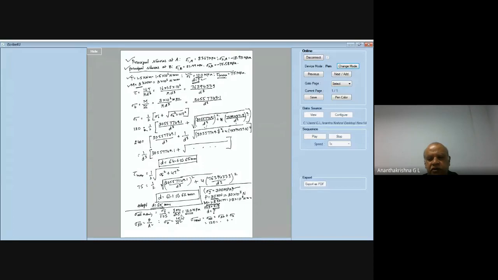This is what we have learnt in our previous classes. The total stress should not exceed the allowable stress, that is 120. So with 120 as the maximum stress that can be induced in the component, we need to determine the diameter of the shaft or rod for that particular application.